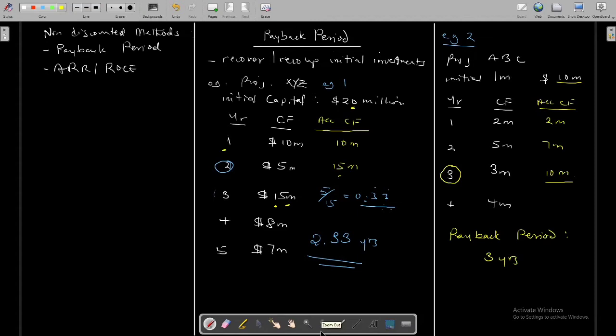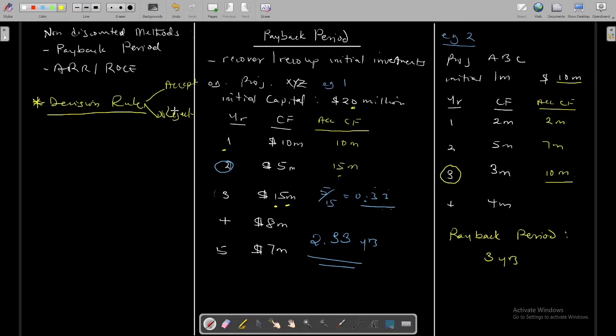Now, having looked at this, let's look at the decision rule. It is very important, the decision rule. The decision rule here will guide the decision makers whether to accept or reject the project.